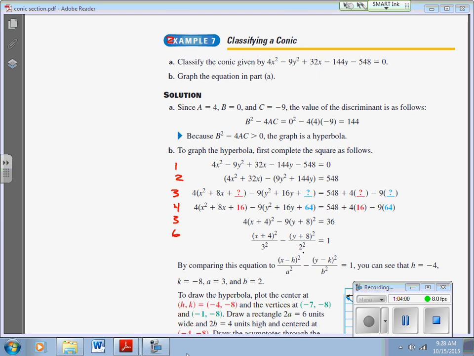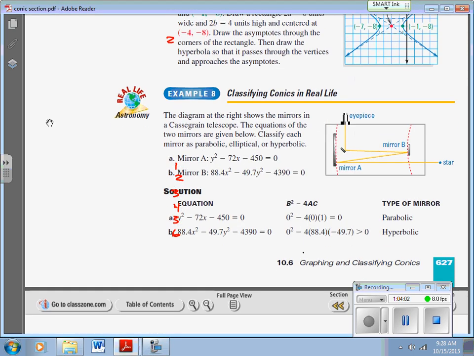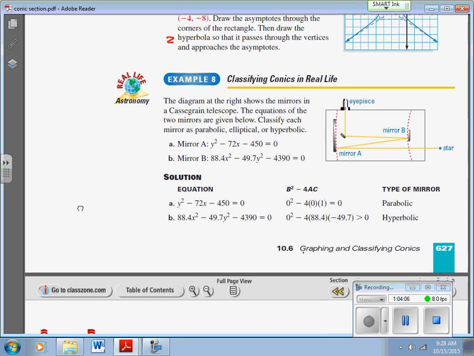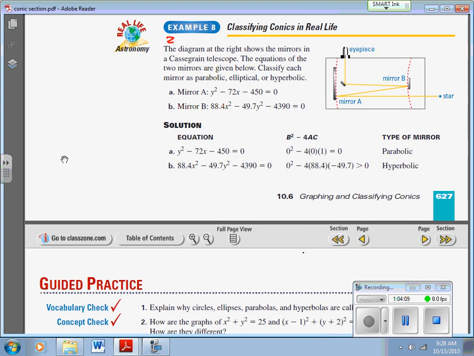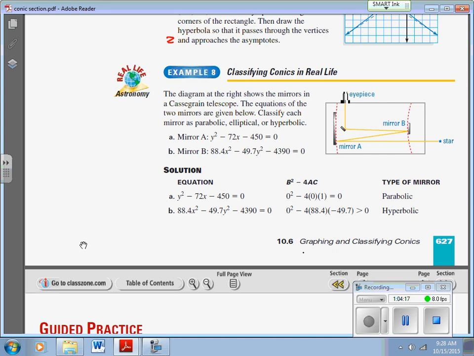All right, so you have another example here. Now, if we're asked to determine whether it is a circle, an ellipse, a hyperbola, or a parabola, all we need to do is check the discriminant, the b squared minus 4ac part.